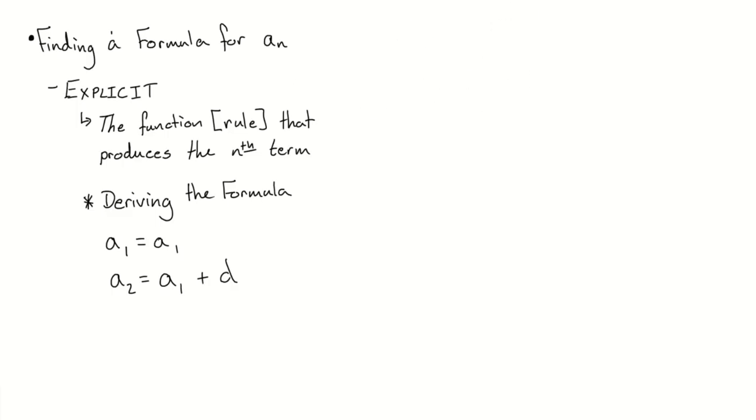I do think that it's useful to make one little note. I'm going to underline just this part, and I'm going to note this is previous term. Previous term. And I'm going to underline just the A sub 1.